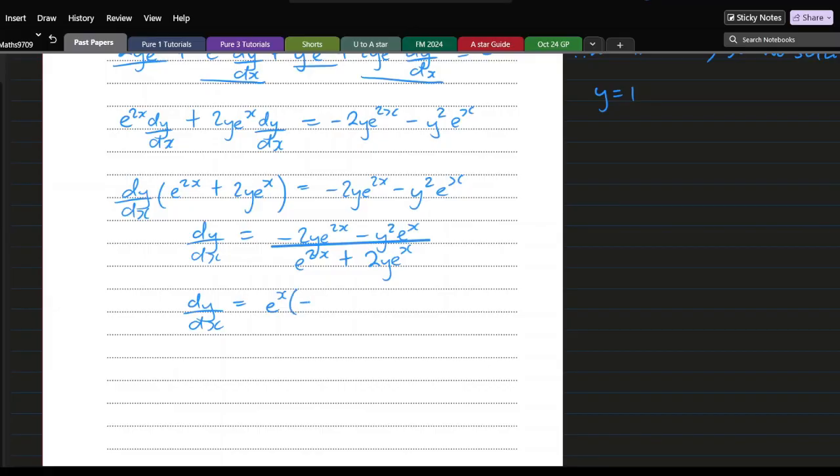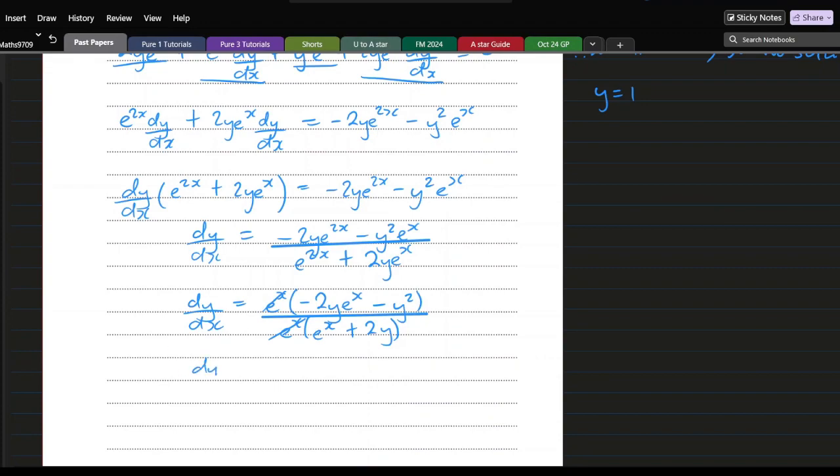We end up with negative 2y e to the x minus y squared, and over that, we do the same in the denominator, factoring out e to the x. We end up with e to the x plus 2y. So that would then cancel out.